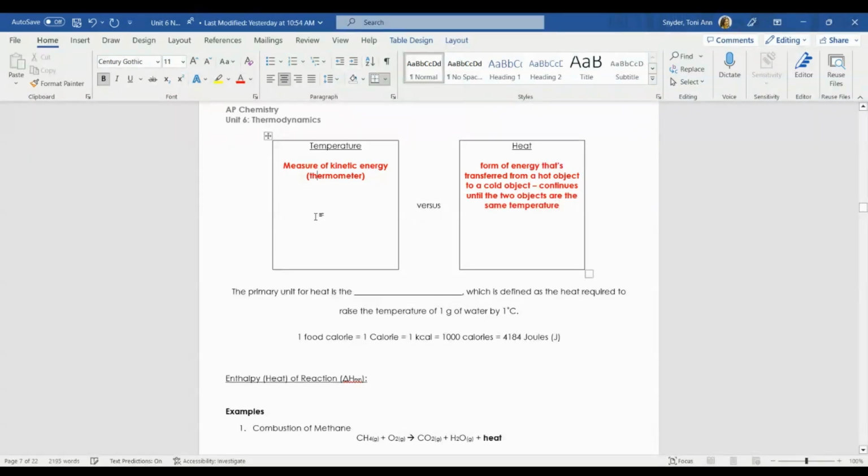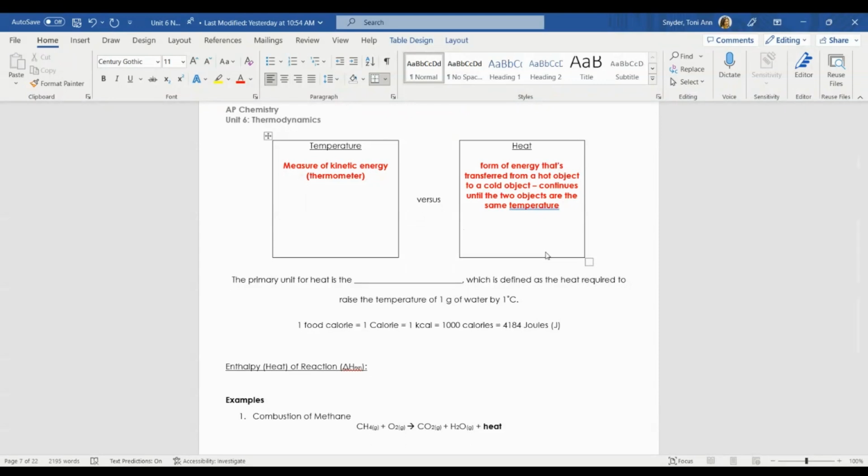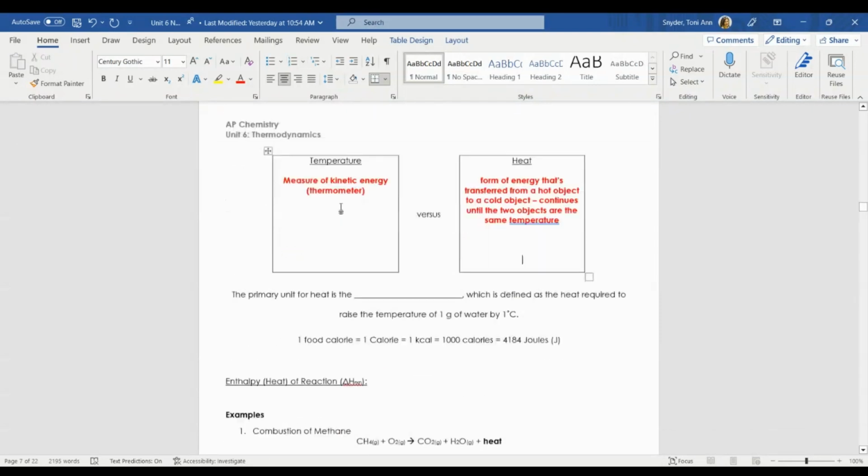And we're going to talk more about what that means in a little bit because we're going to actually calculate this transfer of heat. So temperature measures kinetic energy, whereas heat is more of the form of energy that's transferred. And we can measure the amount of heat that's getting transferred from one object to another.